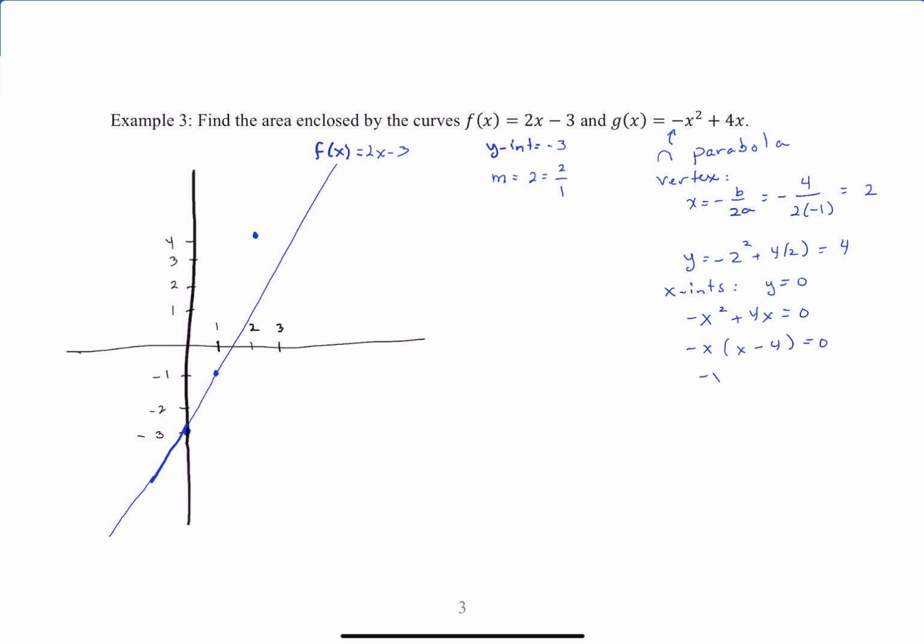So either negative x equals 0 or x minus 4 equals 0. In other words, x equals 0 or 4. So those are the coordinates of our x-intercepts. And we draw an upside down parabola through those points.